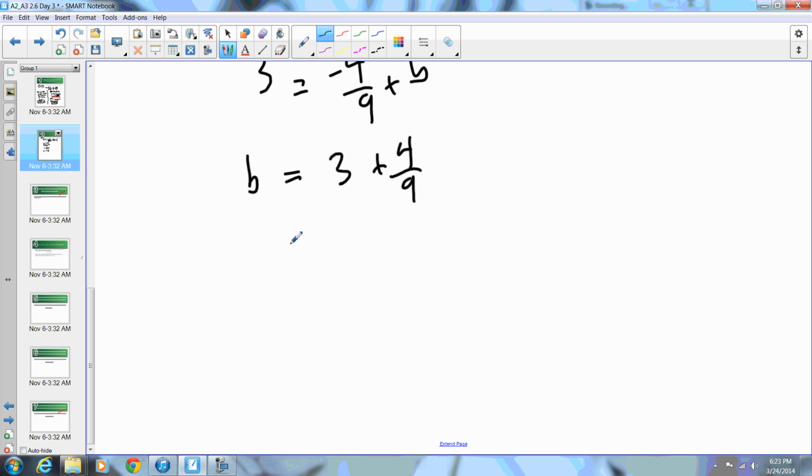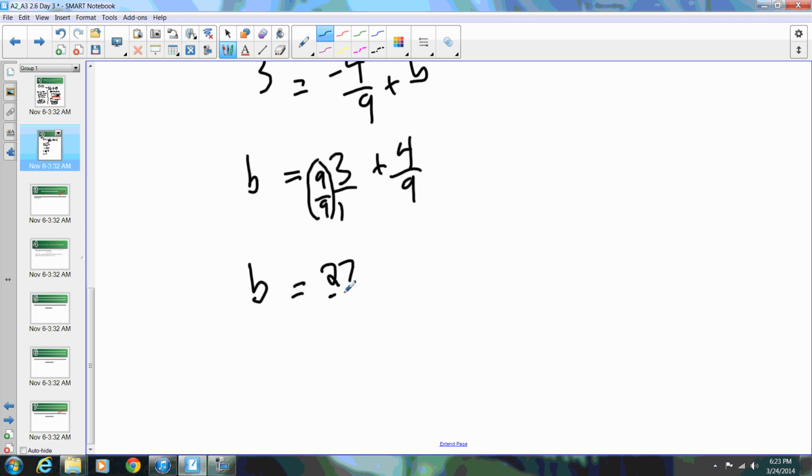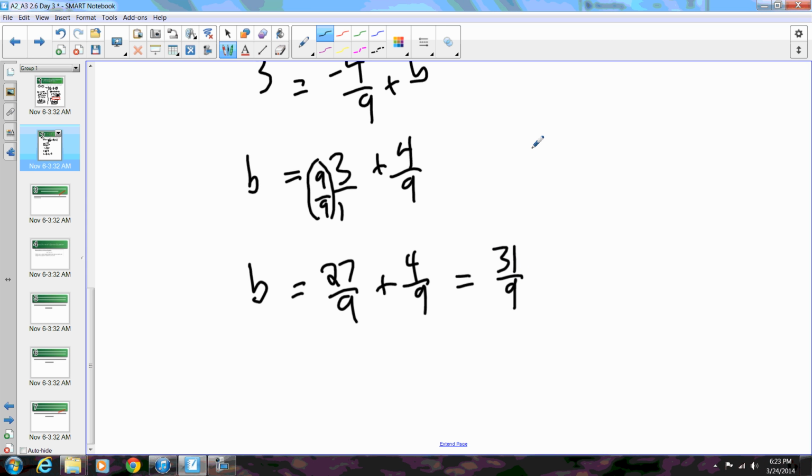If I multiply 3, which I'll convert to 3 over 1, by 9 over 9, then I can use a common denominator of 9 to solve for b. So what is that? 9 times 3, 27 over 9, plus 4 over 9, and my final result, 31 over 9. Now, do 31 and 9 have common factors? No, 31 is prime.